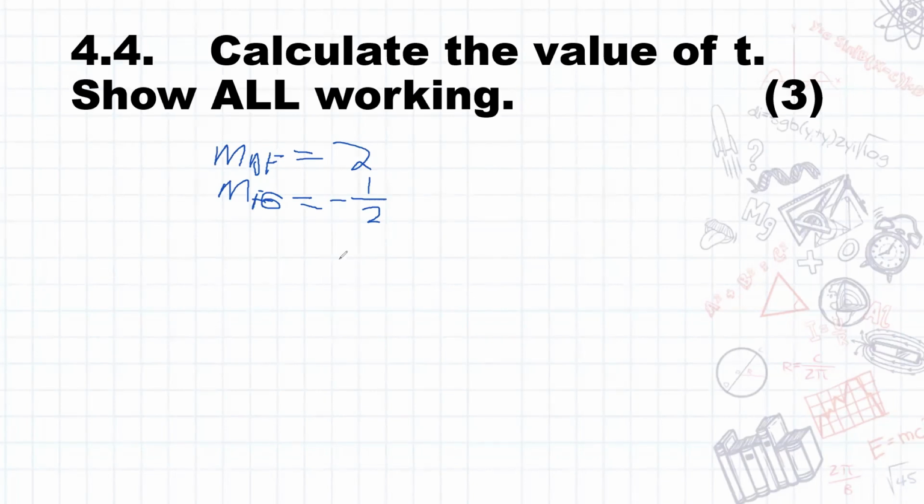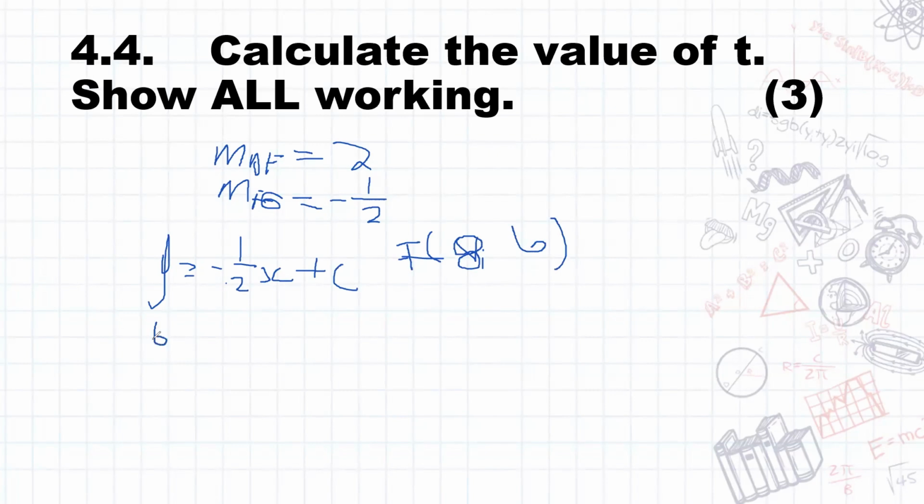Now we need to find the line. Our line we know is y is equal to -1/2 x plus c. The only coordinate that we have that would work for this, because we don't actually know G, is F, which we found to be (8, 6), right? So we're going to substitute this in.